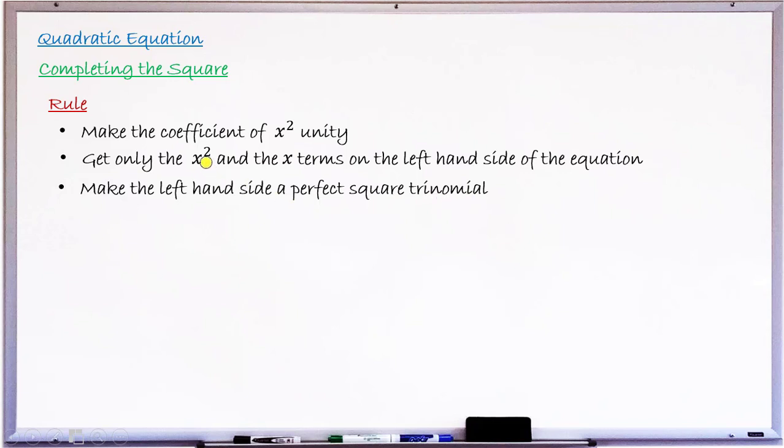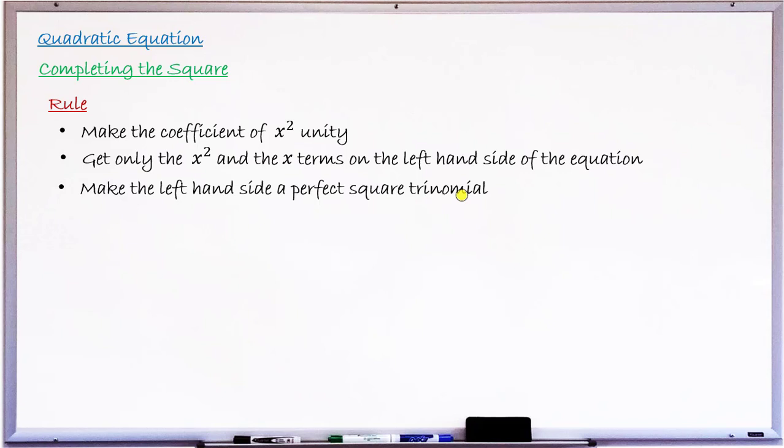So when you bring the square term and the term in x, you now have just two terms on the left hand side. So that binomial, you have to make it into a perfect square trinomial, which we have just learned in our previous lessons.